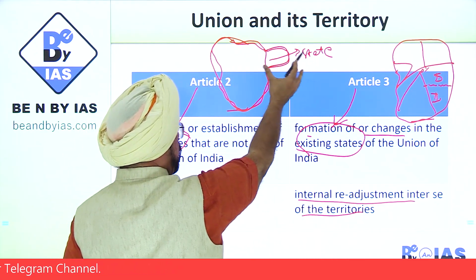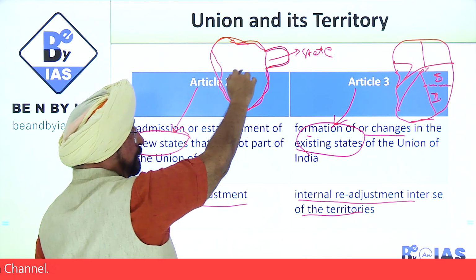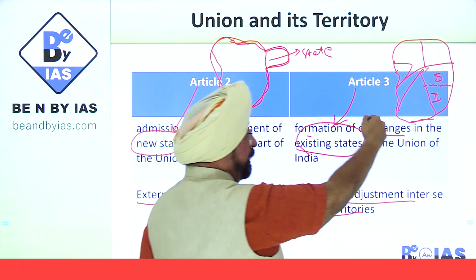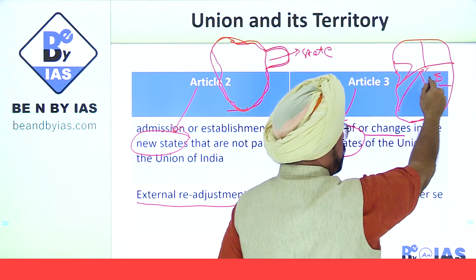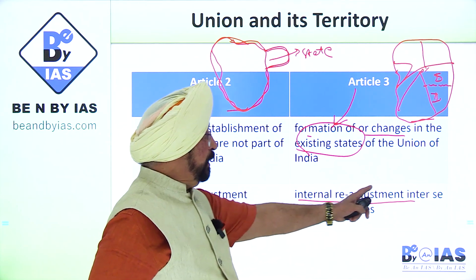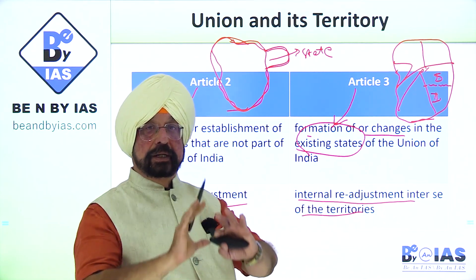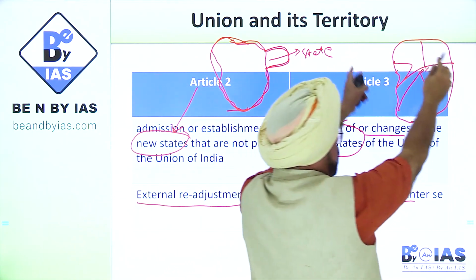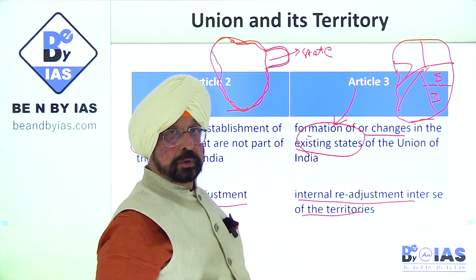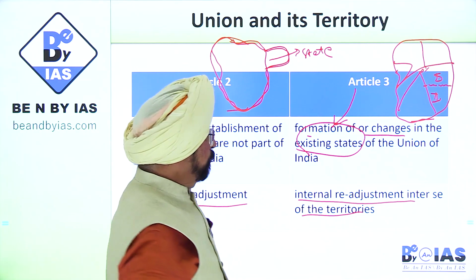When a new state joins, an external readjustment has to be made, and when there is a readjustment within the units, it is called internal readjustment. Inter se the territories, the total territory remains the same. Here there is a change in the total extent of the territory.